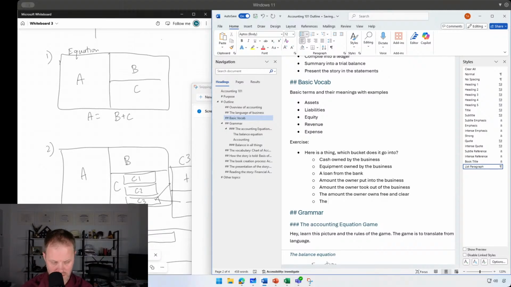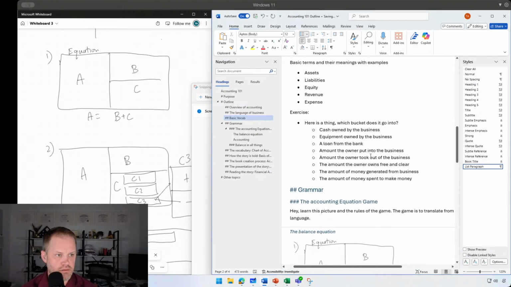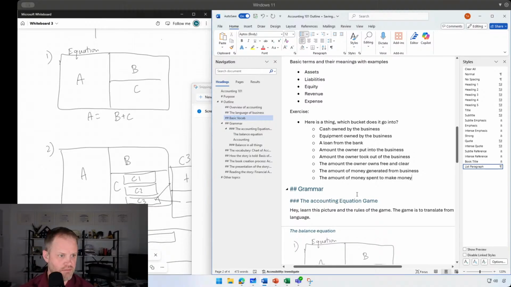The amount of money generated from business. The amount of money spent to make money. All right. So we can think of ways to explain these concepts.